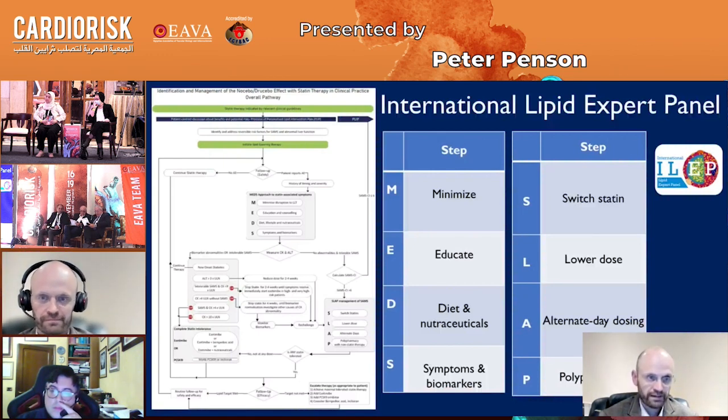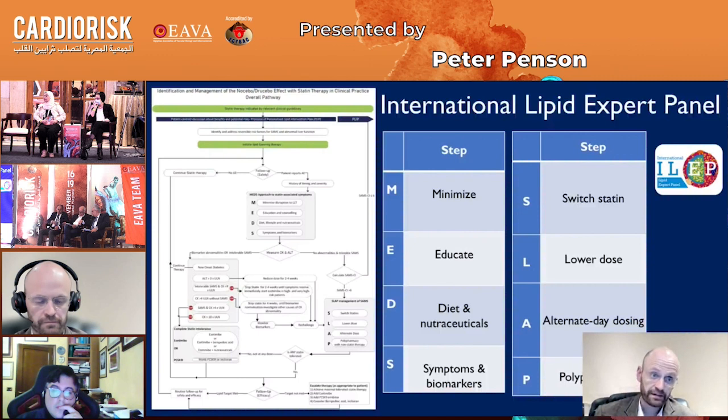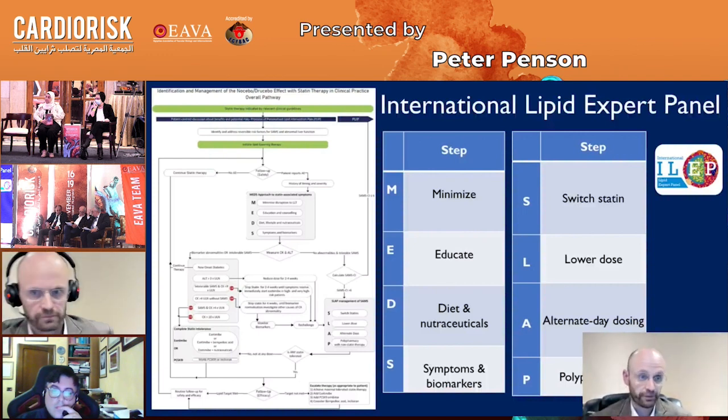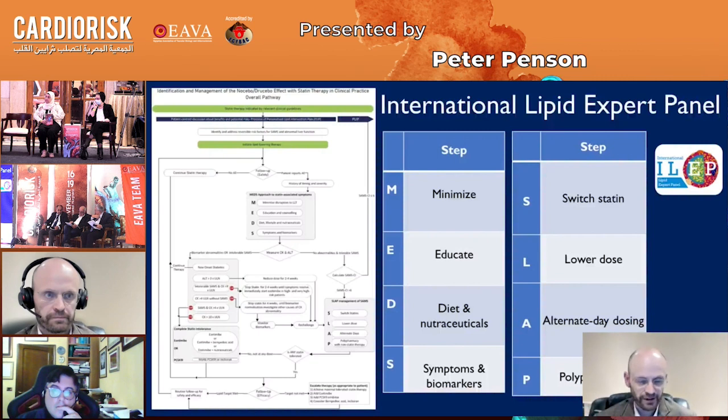When we initiate statin therapy, it's important that we identify and address reversible risk factors for statin-associated side effects and abnormal liver function. Therefore, we can address these factors at the outset of therapy, so that patients don't suffer side effects in the first place unnecessarily. Those side effects might dissuade them from taking their therapy in the first place.